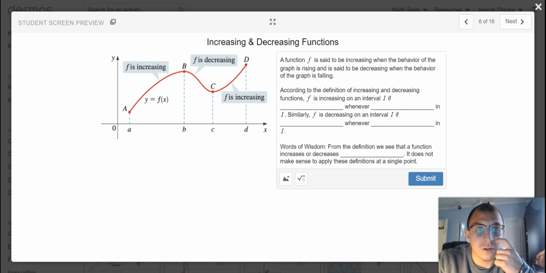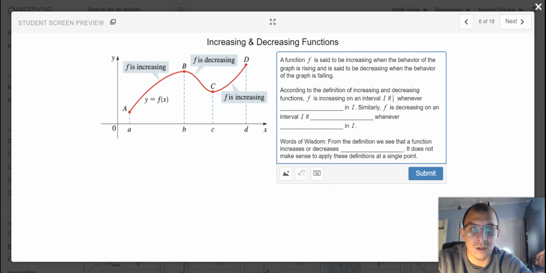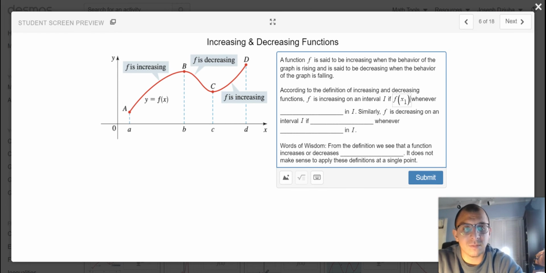So according to the definition of increasing and decreasing functions, f is increasing on an interval I if, now we've got some mathematical notation, f of x1 less than f of x2.